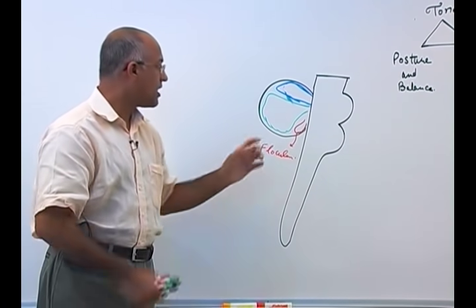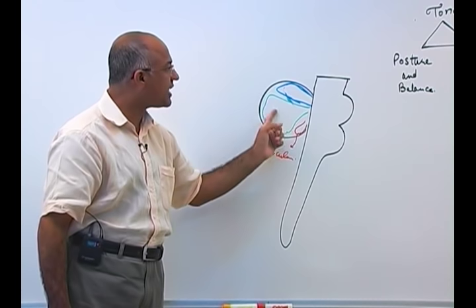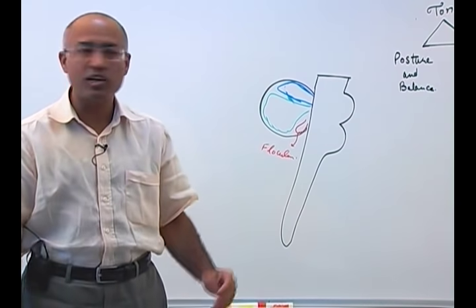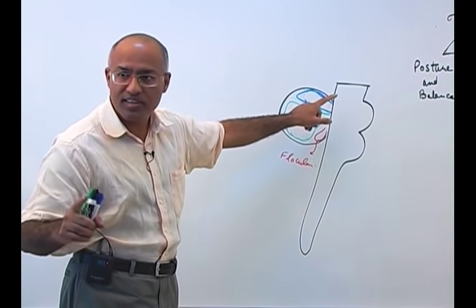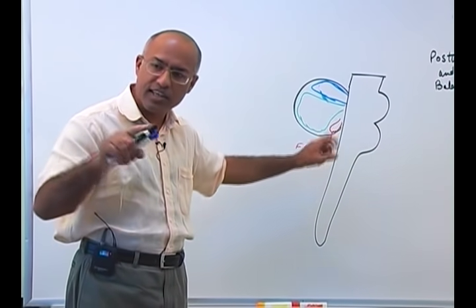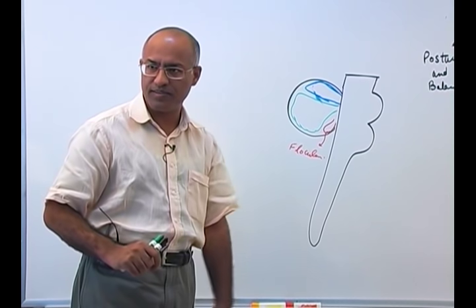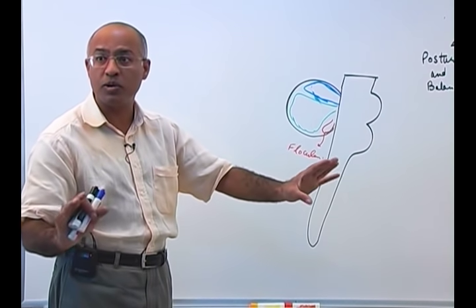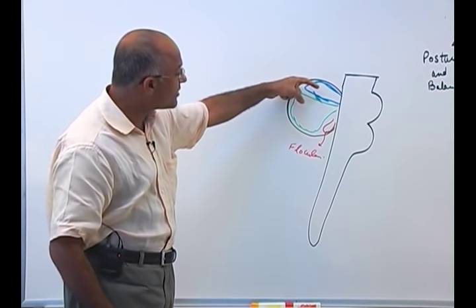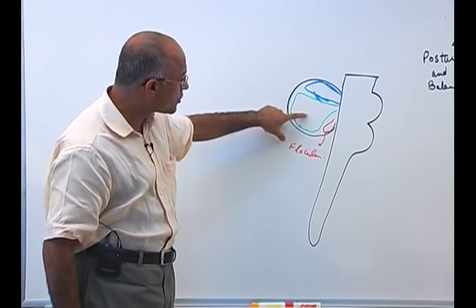Why have I put it into 3 areas initially? Because all 3 areas are functionally different and developmentally different, and their connections are different. That is why, rather than knowing 10,000 things about cerebellum, you first know that primarily cerebellum has anterior lobe, posterior lobe, and flocculonodular area.